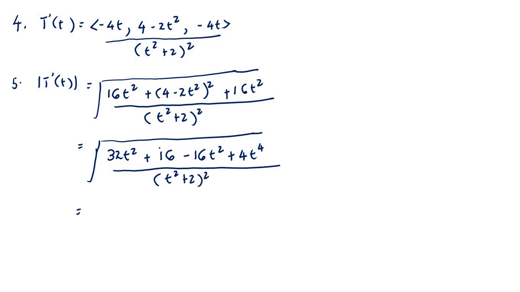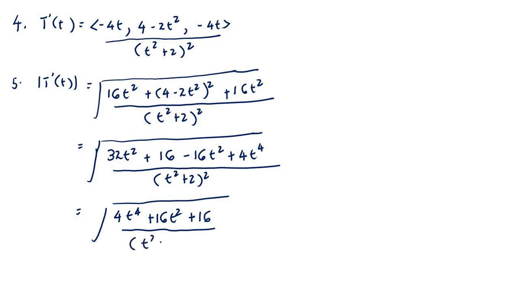Okay, so 32t squared minus 16t squared becomes plus 16t squared, plus 4t power 4, plus 16, divided by t squared plus 2 squared.